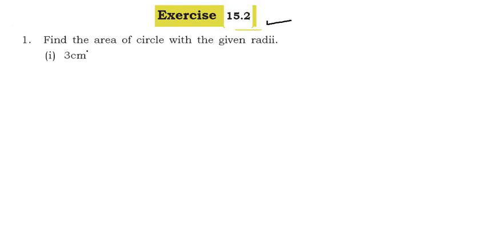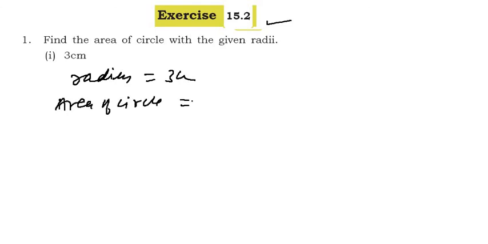Now come to this exercise 15.2. Here we have to find the area of circle and given is the radius. First, radius is given as 3 centimeters. So area of circle is equal to pi r square. So pi is 22/7 and r is given as 3.